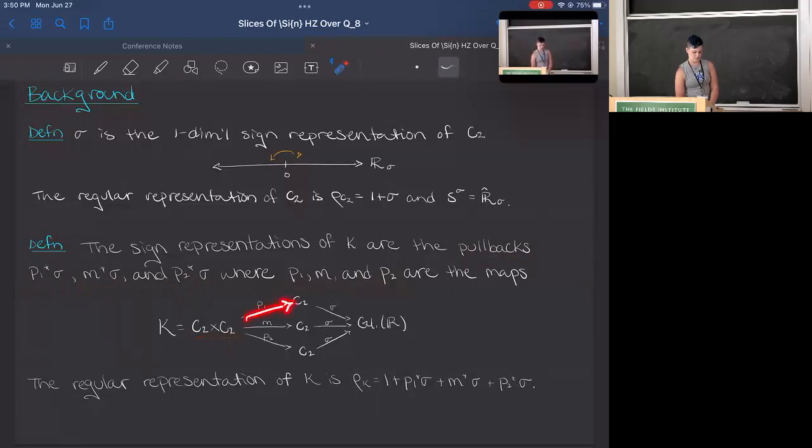We can either project onto the first factor, apply the multiplication map, or project onto the second factor. And from there we can apply sigma. The regular representation of Klein 4 is then rho K, which is 1 plus P1 star sigma plus M star sigma plus P2 star sigma, where again, 1 is the trivial representation of Klein 4.